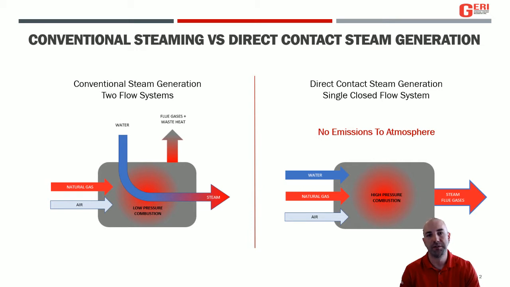In a once-through steam generator, typically used in CSS and SAGD applications, you mix the air and the fuel, you combust it. The heat is transferred through pipes to a body of water. This body of water is obviously pressurized as it heats up and turns to steam, and the steam is what goes downhole.